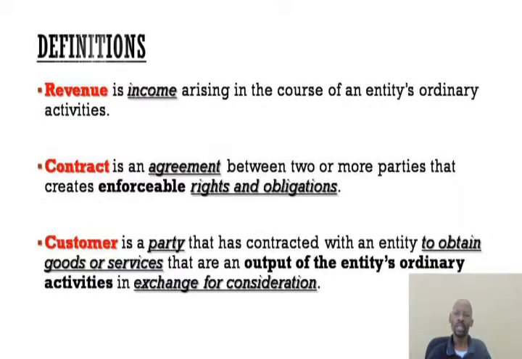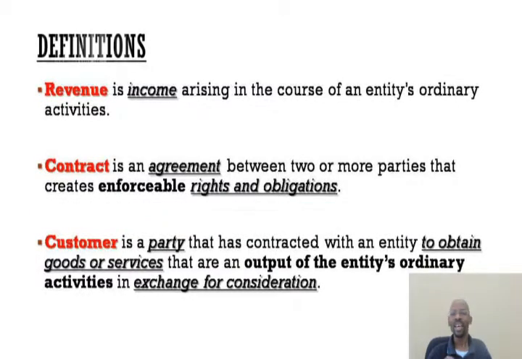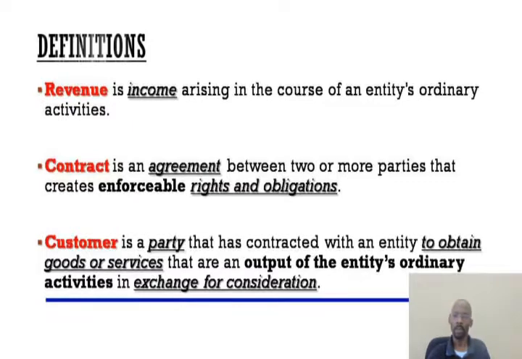Then, if we look at the second definition which is important at this step, the contract. A contract is an agreement between two or more parties that creates enforceable rights and obligations. We need to know these definitions. Also, the third one, which is important, is the customer.